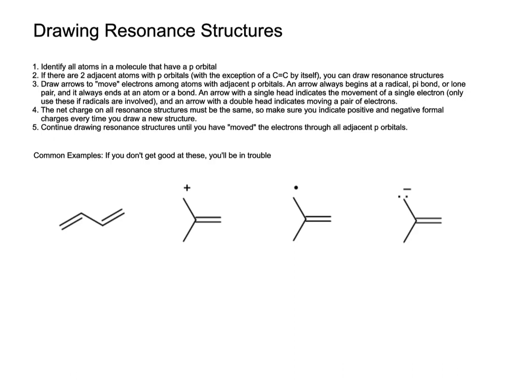So the first thing I'm going to do is draw an arrow from this pi bond right to this middle bond, and that's going to create a double bond in the middle and get rid of the double bond on the right-hand side. However, carbons can't have more than 4 bonds, so that means we need to push these other electrons to the end, otherwise we violate the octet rule.